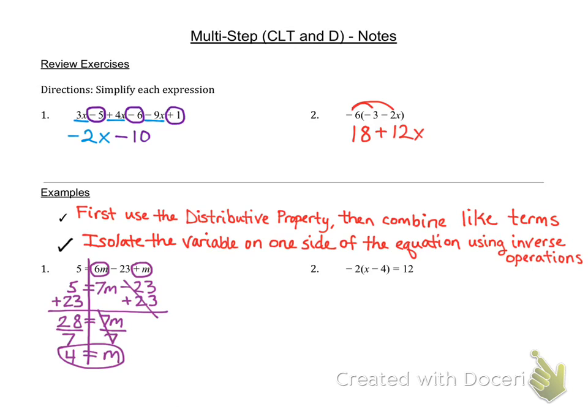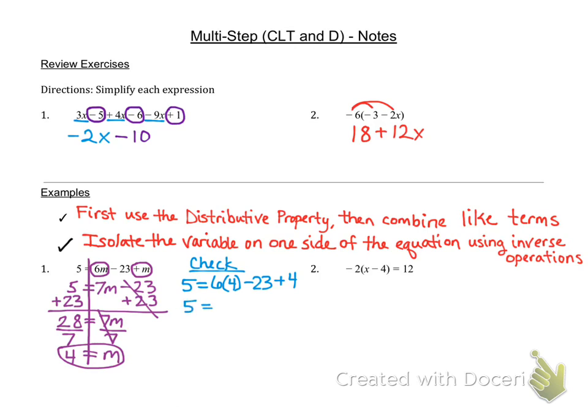Now what I want to do is check our answer. So we are going to substitute 4 back into our equation for m to see if both sides of the equation are equal to each other. So we have 5 is equal to 6 times 4 minus 23 plus 4.